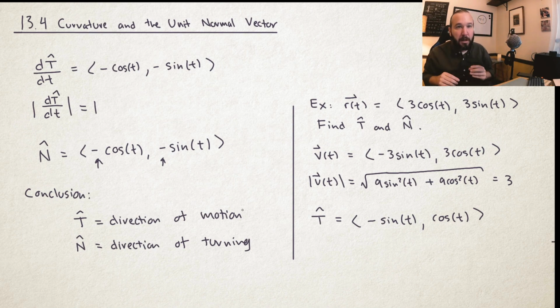Okay, so that's it. Now you understand the curvature and the unit tangent vector and the unit normal vector. The homework is posted up on Canvas now. Let me know if you get stuck on any of these problems. From your point of view, the difficulty really isn't going to be understanding the concept.